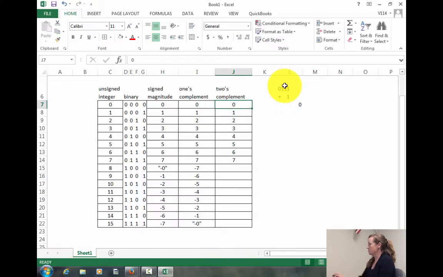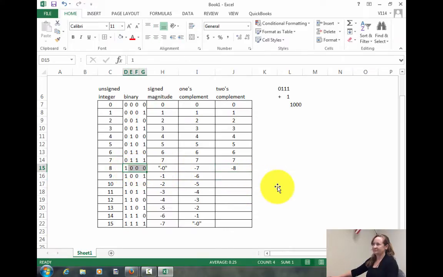And when you carry that 1 at the very end, that's what number you'll get. And what number is that? 8. So this number here represents negative 8. Does that make sense? Here, we'll left align this.